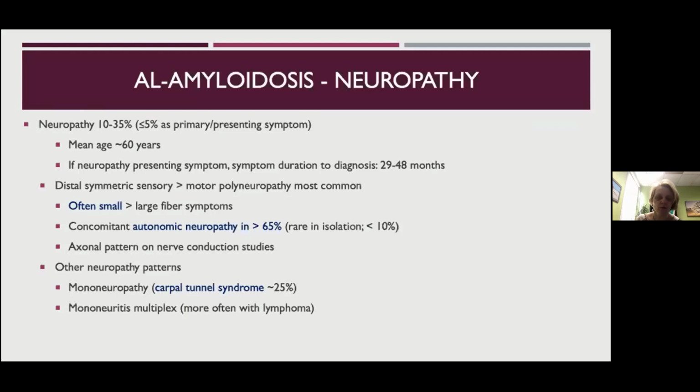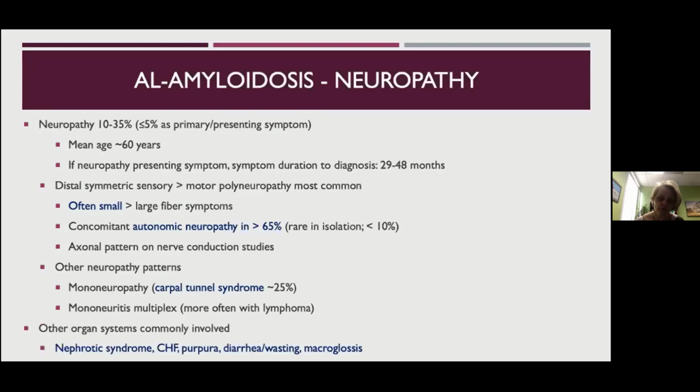And what's very important and what should start you thinking about something other than just a normal idiopathic neuropathy: there's quite often a concomitant autonomic neuropathy in more than 65% of patients. On nerve conduction studies, patients have an axonal pattern. Light chain amyloidosis can also present as mononeuropathy, such as carpal tunnel syndrome, and also as mononeuritis multiplex.